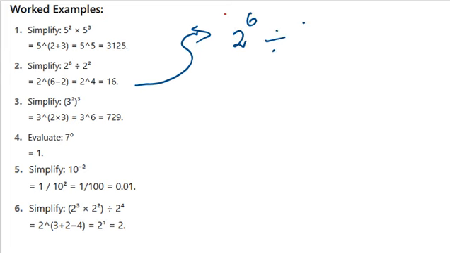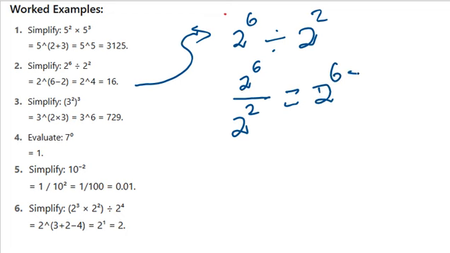Since the bases are the same, you can take one base and subtract the exponents. Remember, the top minus the one below. 6 minus 2 is 4, so you're going to have 2 to the power of 4. This is what you have. Okay, simple. That is our quotient rule.